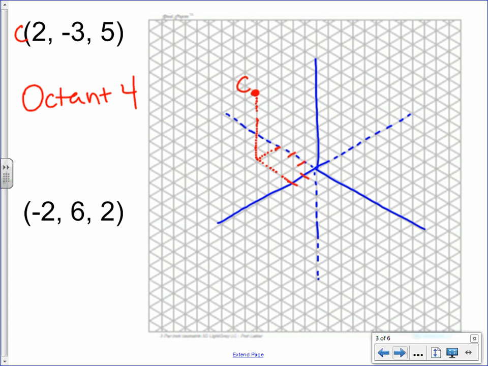How about this one? -2, 6, 2. Okay, I'll use green for that one. We'll call this point D. So -2, 6 would be our X and Y. So X as -2 and Y as +6.